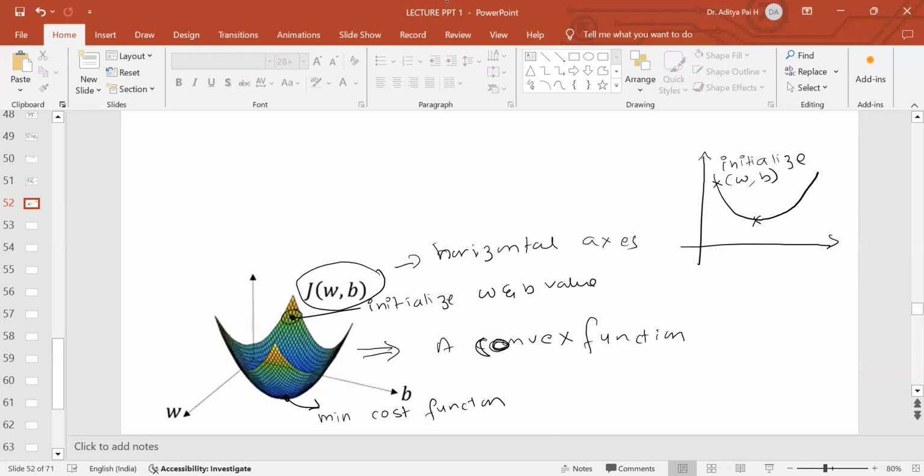So when I draw a straight line, it makes me tend towards the minimum of J of W comma B, which is nothing but the global optimum. So for the purpose of illustration, tending towards the minimum cost function is shown in this case.